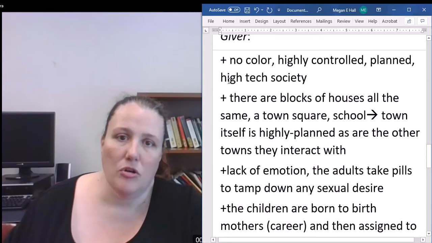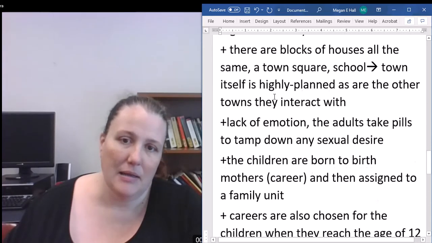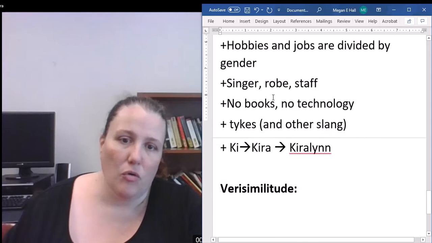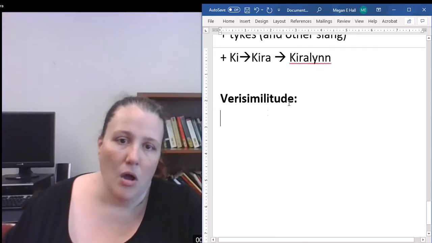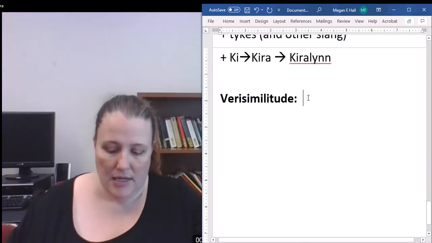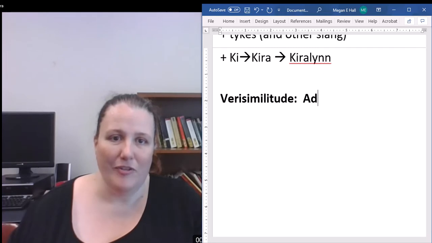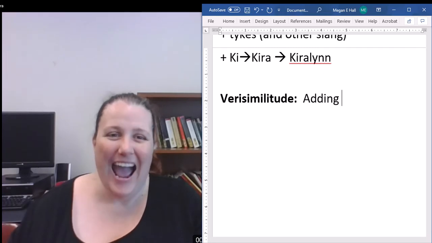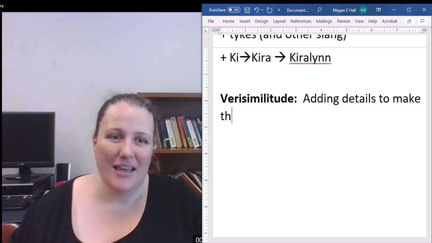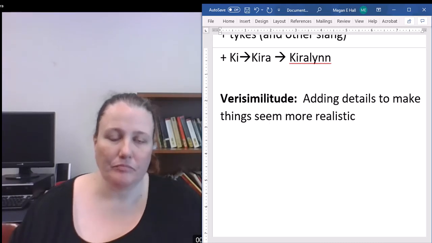There are a lot of descriptions of the different jobs that are happening in The Giver, the different careers that people are going into. Verisimilitude means that you are adding details to make things seem more realistic.